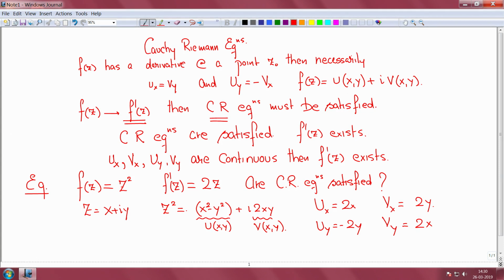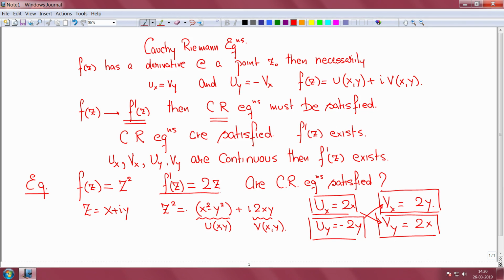So you see that u_x is equal to v_y, and u_y is equal to minus v_x. So since this function has a derivative, necessarily the CR equations are satisfied.